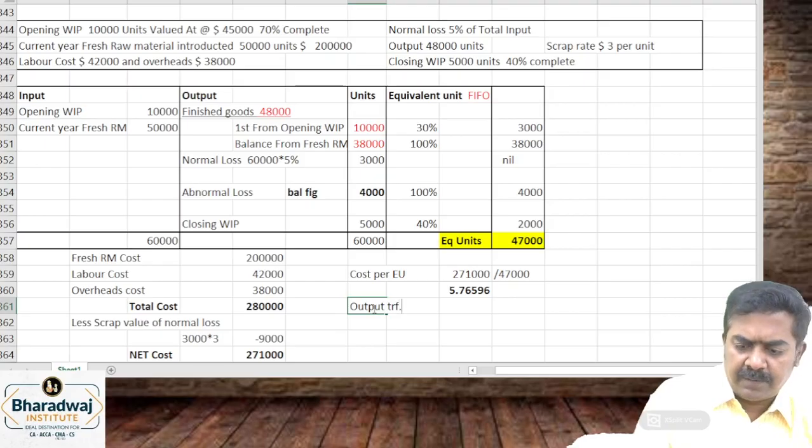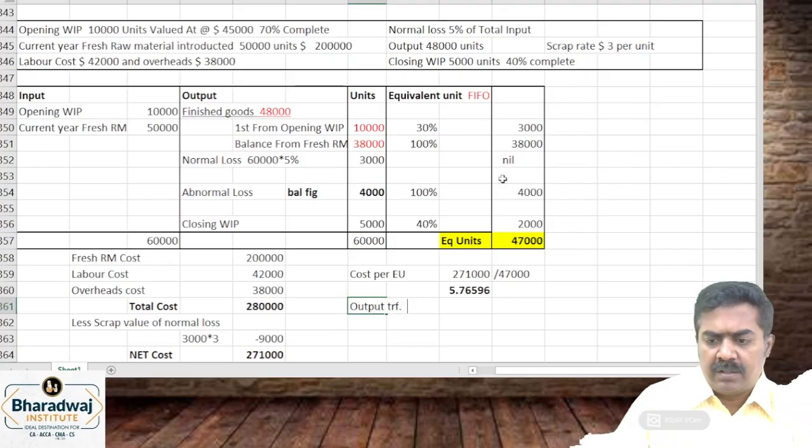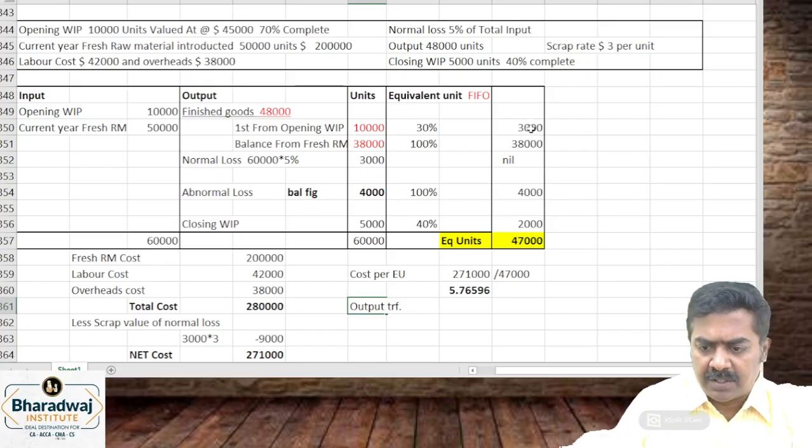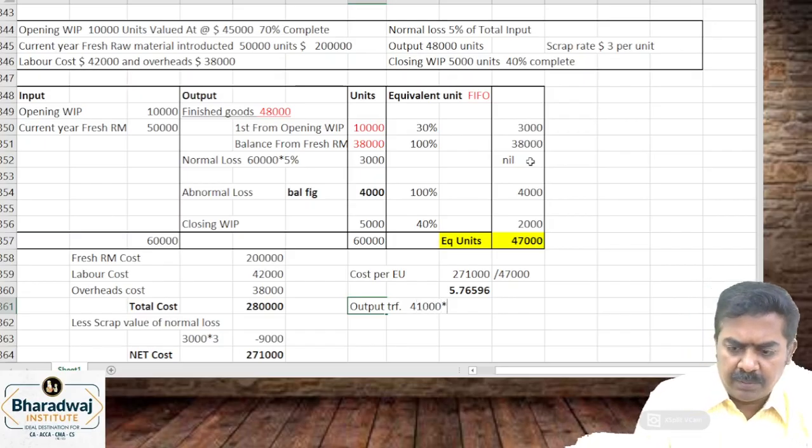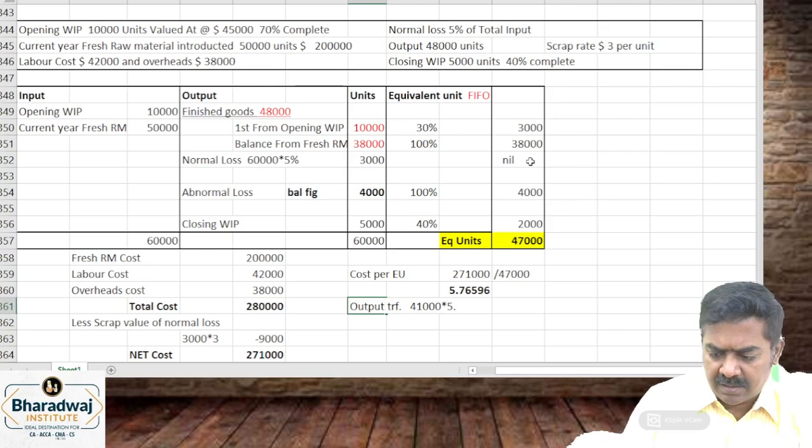Output transferred. How much transferred? This 3,000 plus 38,000. Don't see units, see equivalent units. 3,000 plus 38,000, 41,000 into 5.76596.